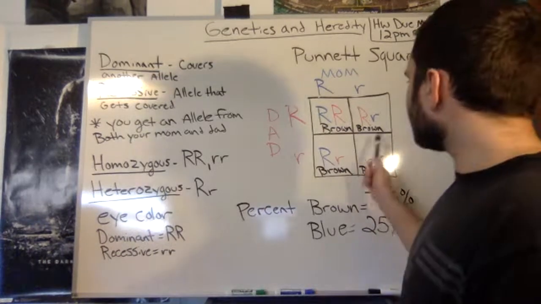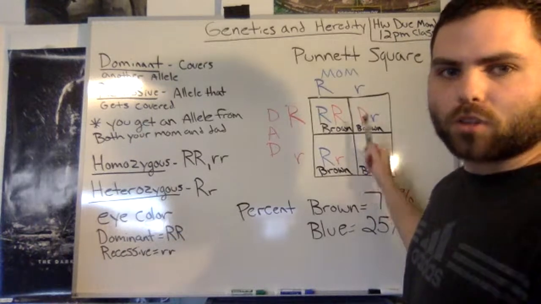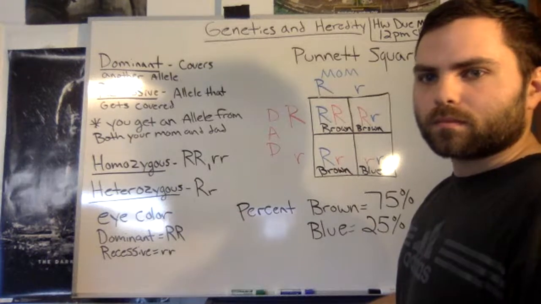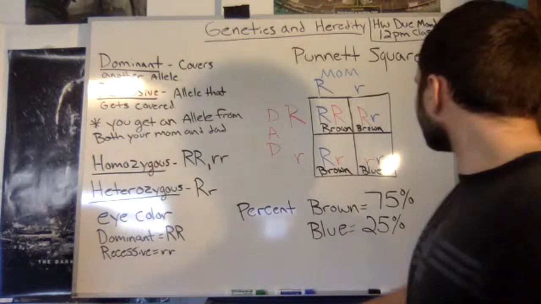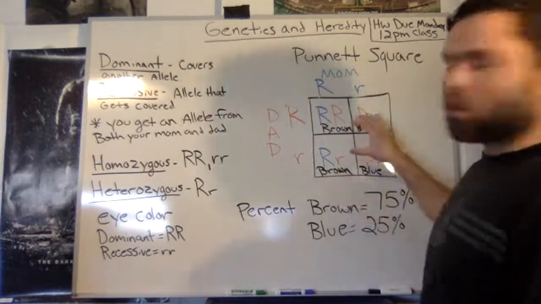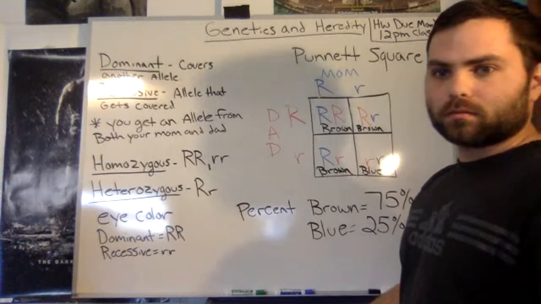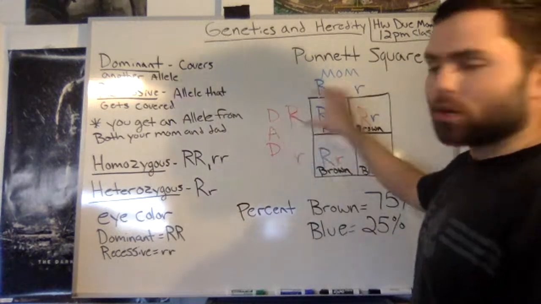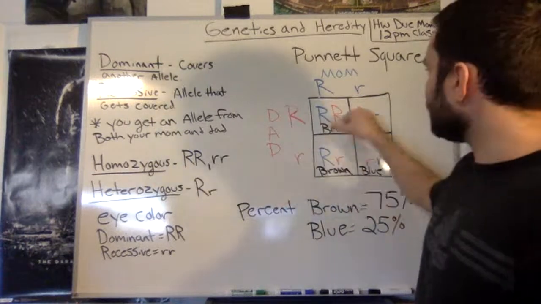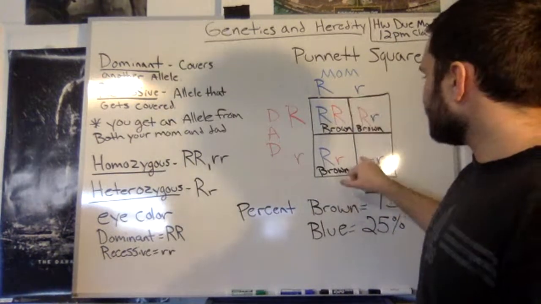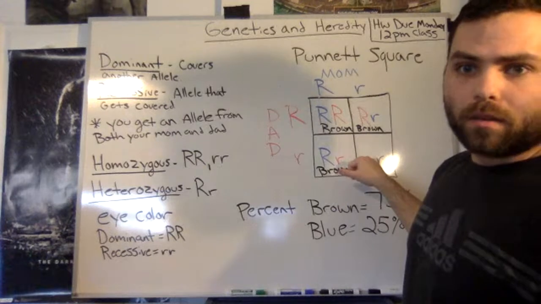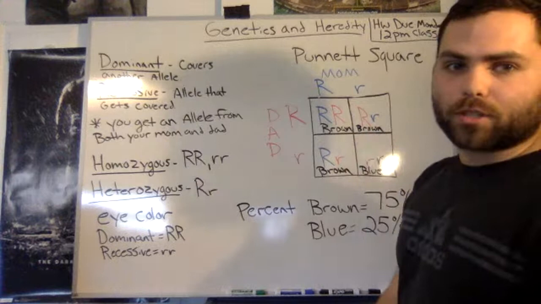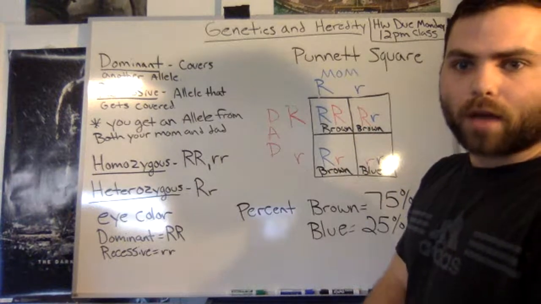So you guys think once this is done, you have one blue eye child, then it's over, then all the other ones are going to be brown? So what happens is it starts over every time. Okay? So there's a percent chance that if these are both your parents and they both have the recessive gene carried on, that they have a 25% chance every time to have a blue eye child, whereas they have a 75% chance to have a brown eye.